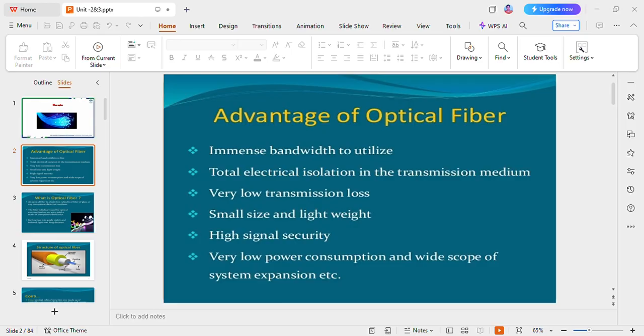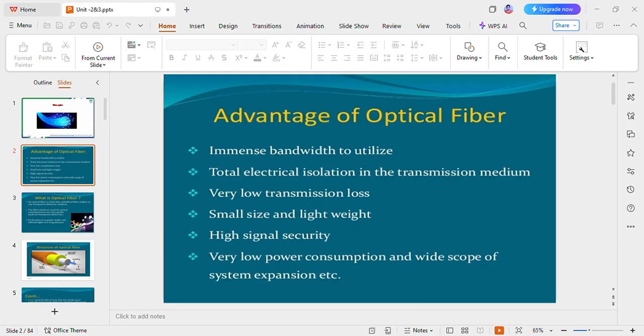So on the basis of refractive index, there are two types of optical fibers, step index fiber and graded index fiber. In a step index fiber, the refractive index of core and cladding is constant. That means the refractive index varies in a step-like manner and it is constant throughout the fiber.